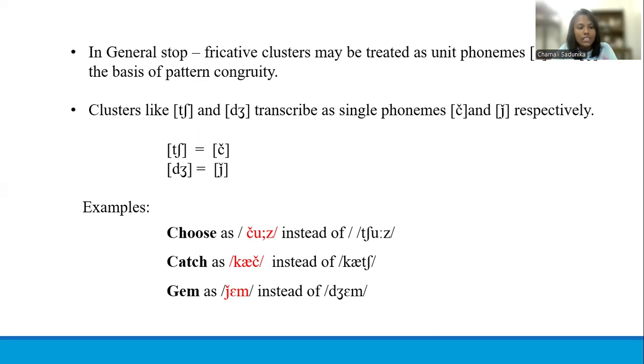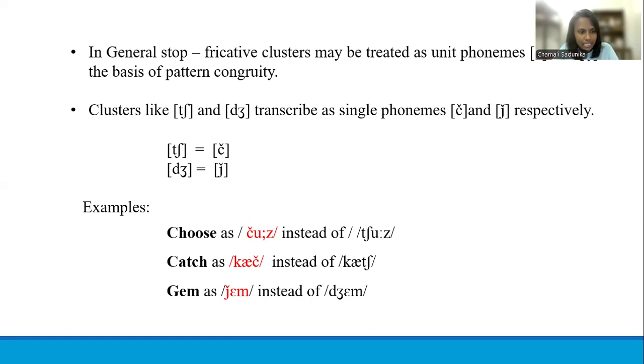Then /dʒ/ is a voiced post-alveolar affricate. So instead of using that, you can use a symbol like simple č, and instead of using that voiced post-alveolar affricate, you can use a symbol like simple ǰ.